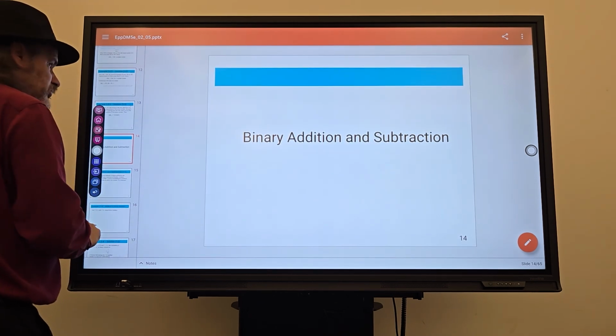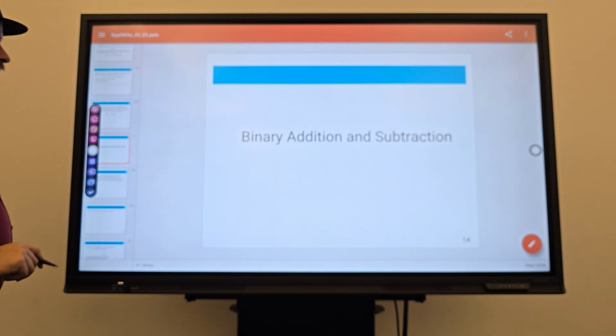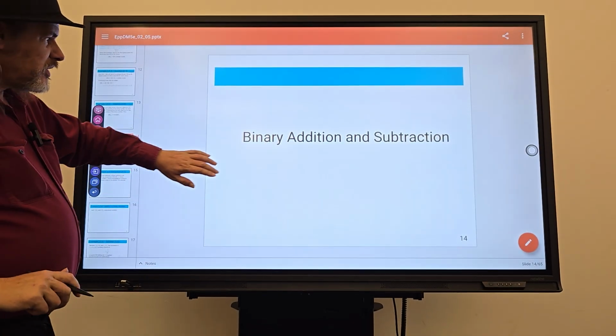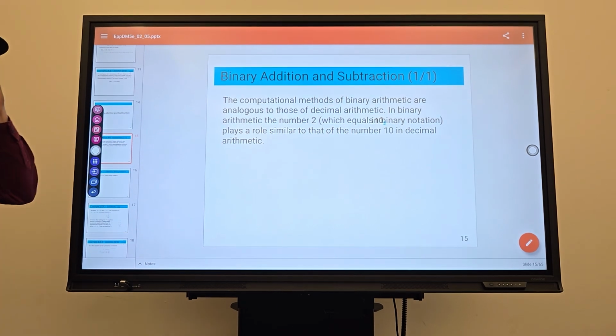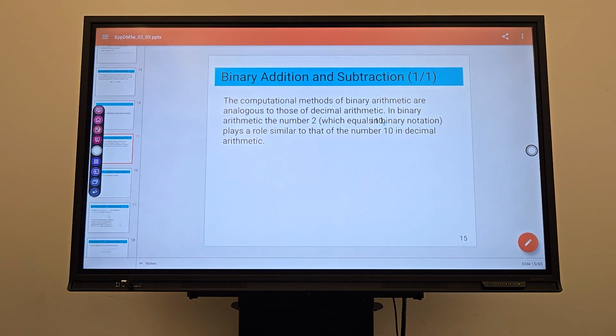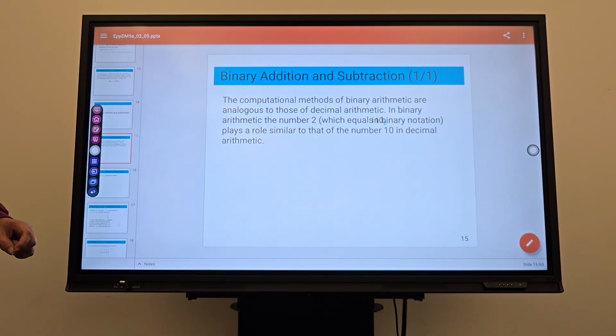Binary addition and subtraction. Now, we already discussed a little bit about that when we counted up to 9. They are the same as decimal math.